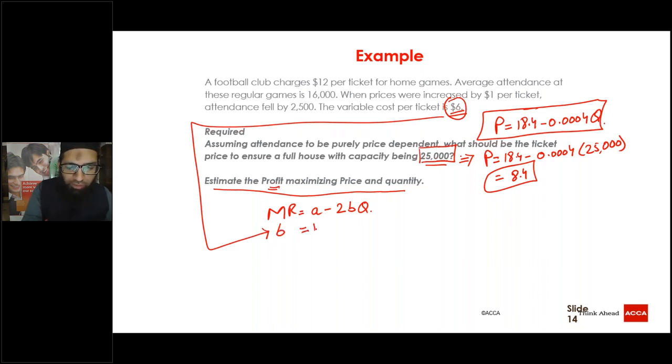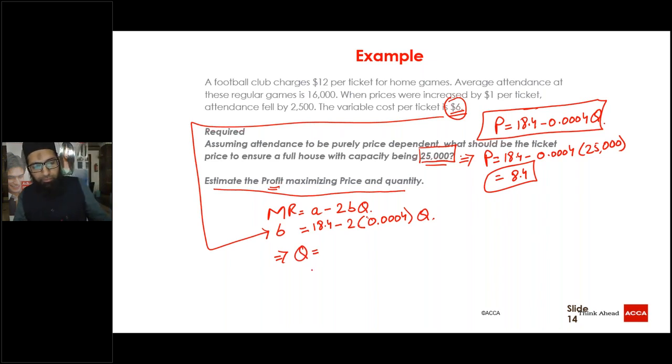The value of A is 18.4 minus 2 into 0.0004, this is the value of B, and Q. So I will then have the value of Q, the balancing value.